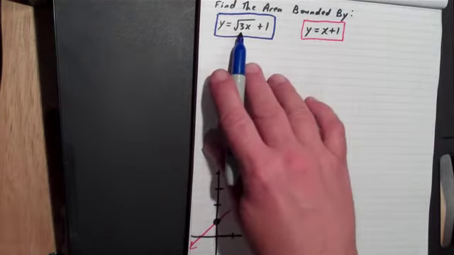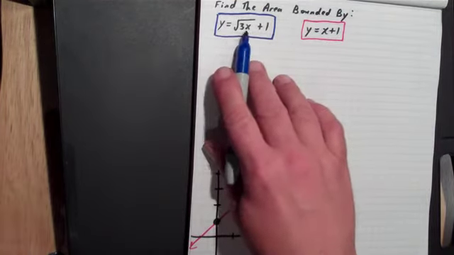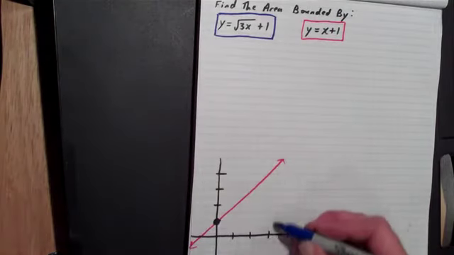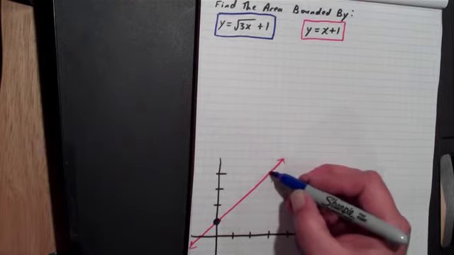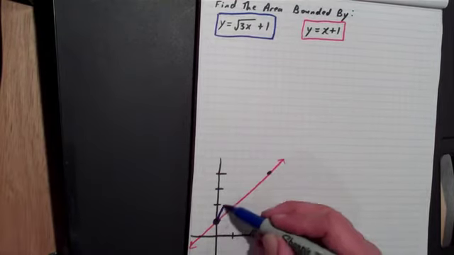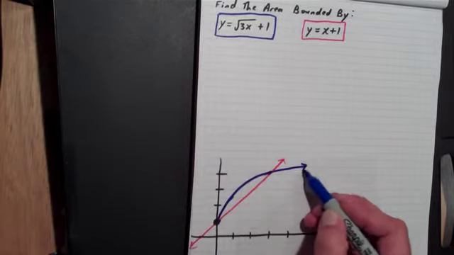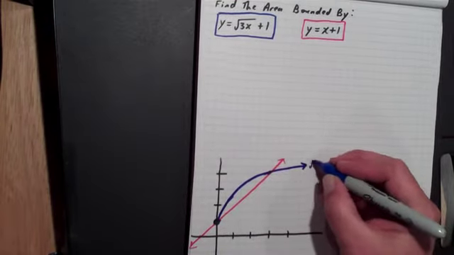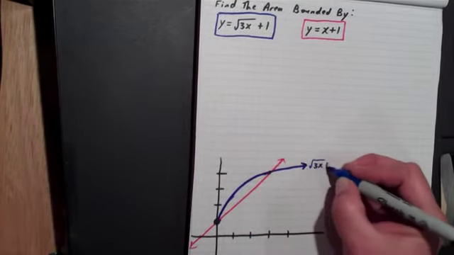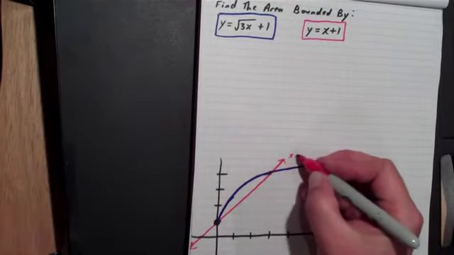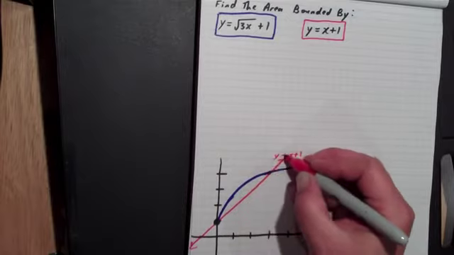If you put a 3 in over here, 3 times 3 is 9, square root of 9 is 3. 3 plus 1 is also 4, so it's going to be a parabola, or at least half of a parabola, opening to the right. This is the square root of 3x plus 1. And this other one is y equals x plus 1.